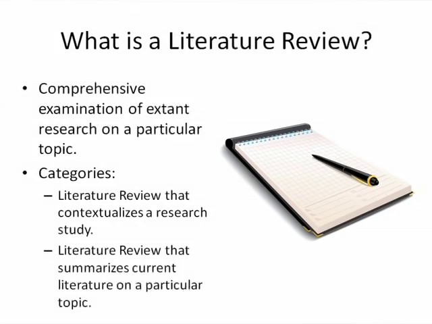But there are two categories of literature reviews, and I want to break it down because I'm really going to focus more on one category over the other. One is a literature review that contextualizes a research study. And for about 90% of you, and I'm spitballing the statistic here, that's what you're doing. You're doing a research study in your dissertation, your thesis, whatever.